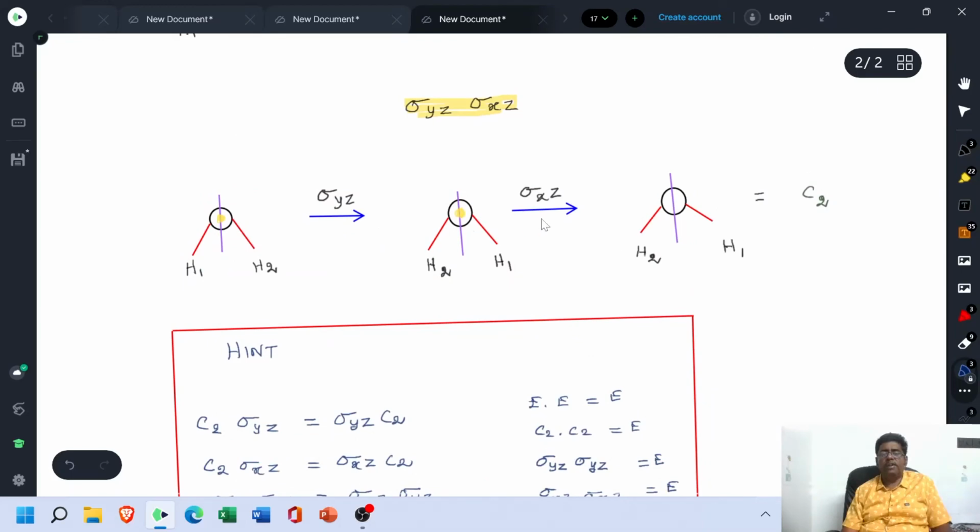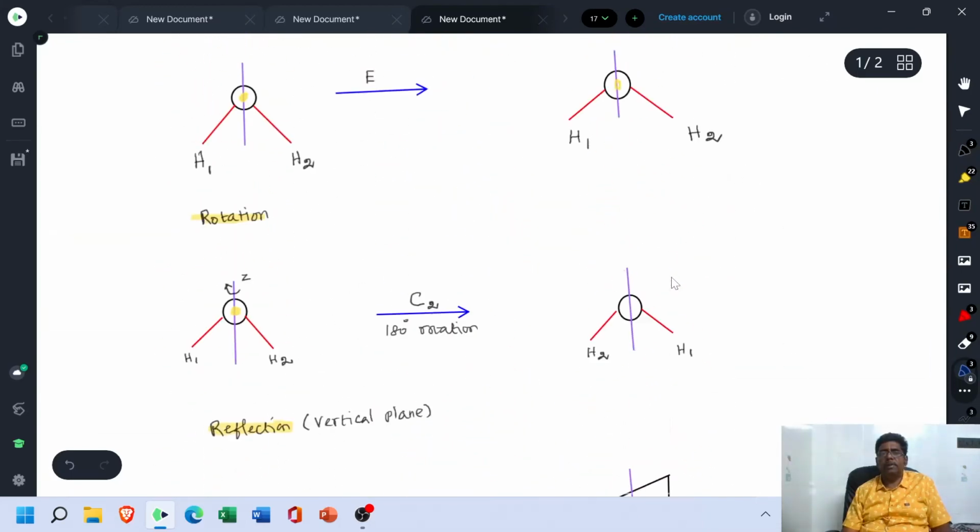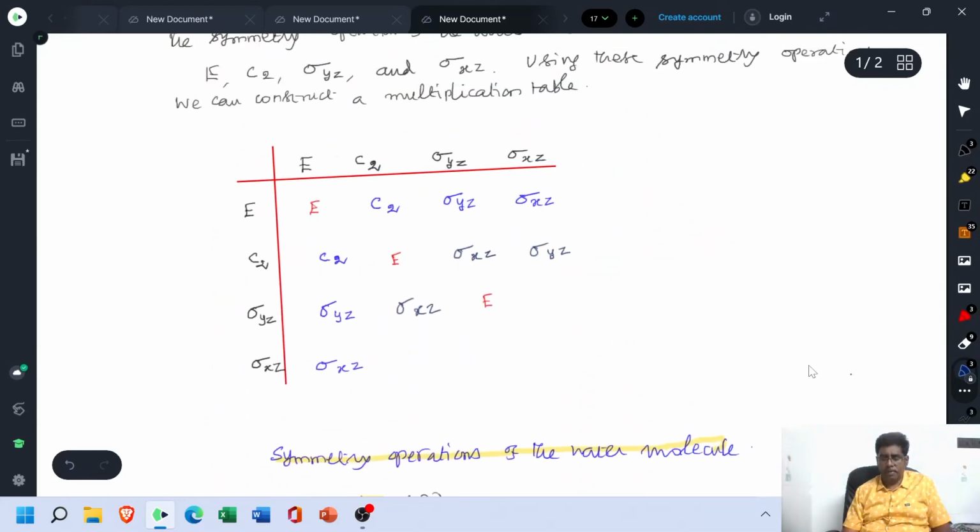Sigma yz into sigma xz is our C2 operation. Write down here C2. Then sigma xz into E is sigma xz.